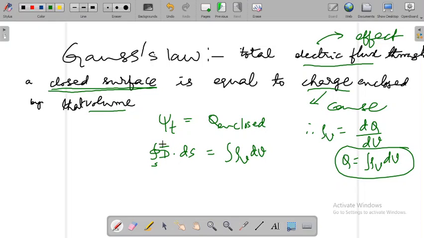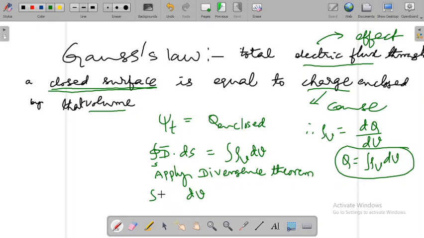Let us apply the divergence theorem to the LHS of this equation. On the LHS, we have a closed surface integral. Here we have the vector D bar.